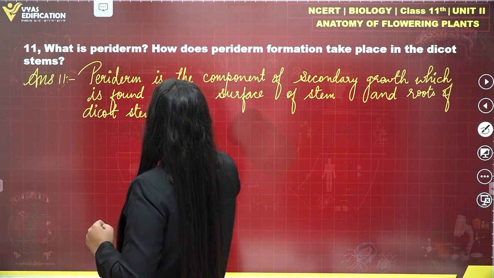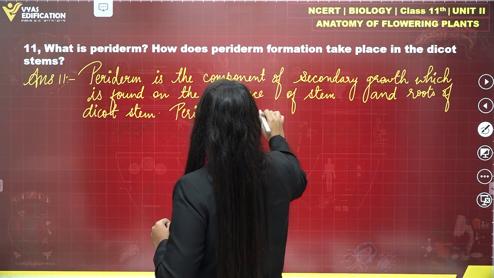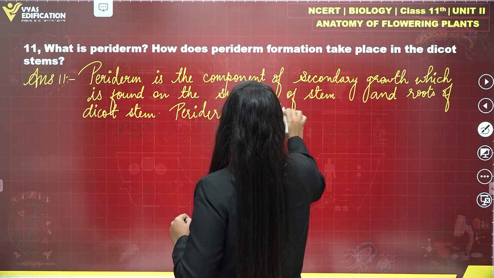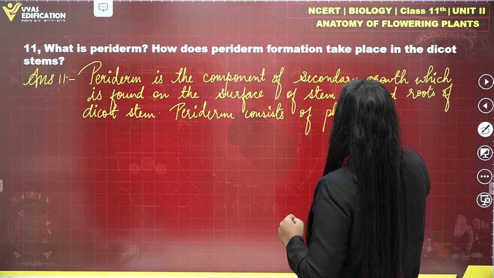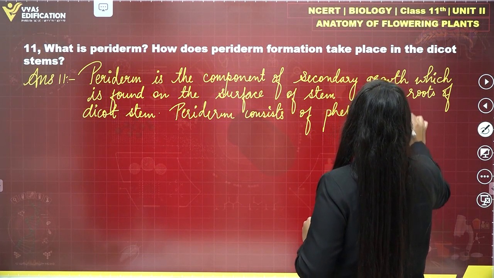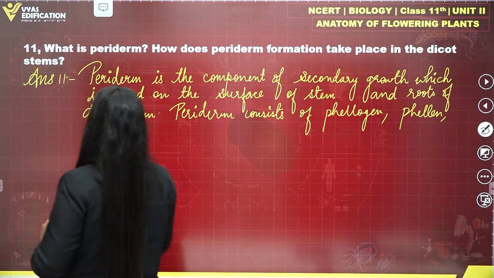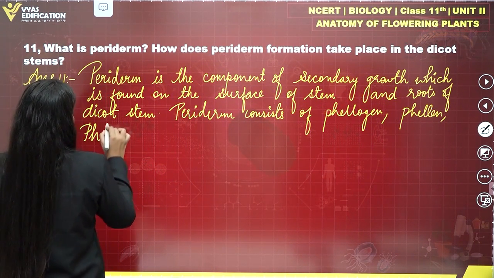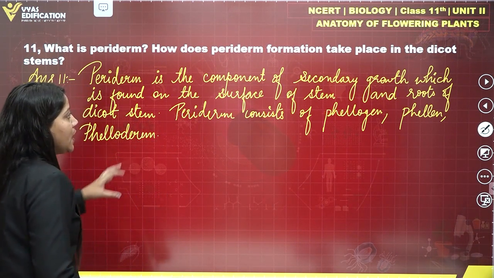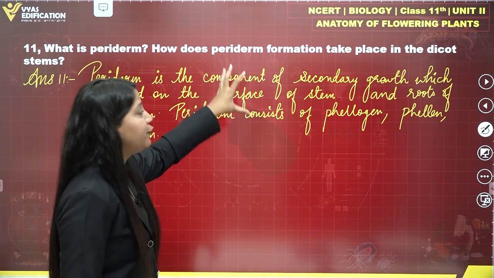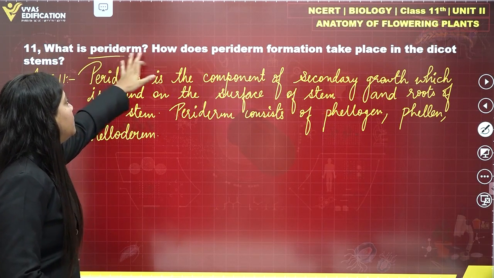Now this periderm consists of phellogen, phellem and phelloderm. Now we are going to talk about how the formation of this periderm takes place.